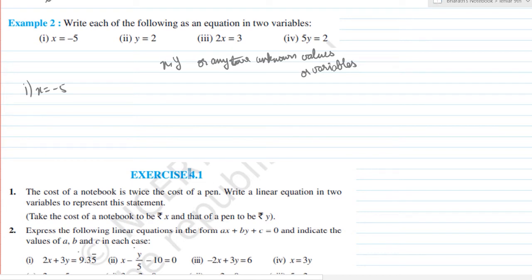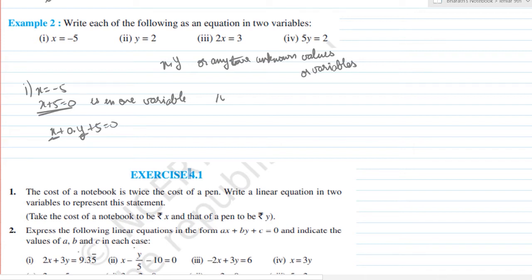Get all these terms to the LHS: x plus 5 is equal to 0. But this equation is in one variable, and we must get it into two variables. So x plus 0 into y. This dot sign is our multiplication sign. So plus 0 y is equal to minus 5. There must be an x and y in each and every equation.